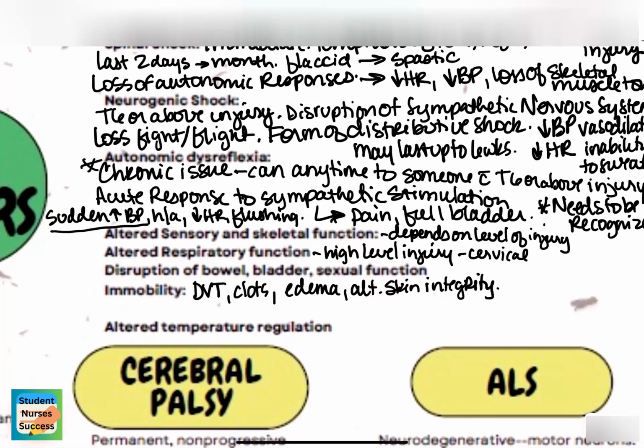So just complications of immobility, even pneumonia. And last, altered temperature regulation may occur in some individuals who have spinal cord injuries.